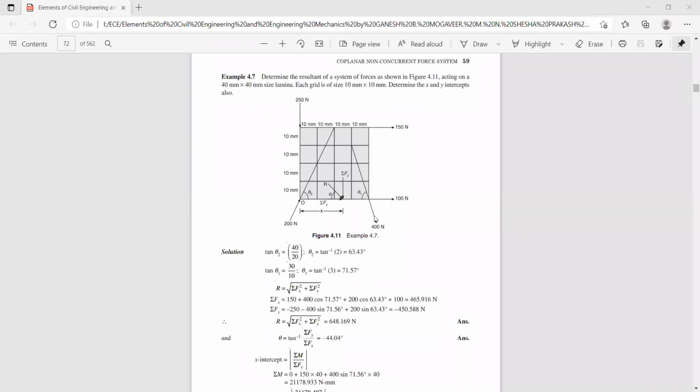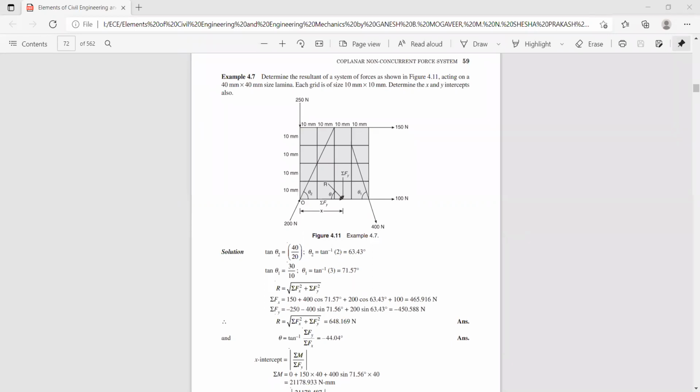And the cos component of this force, 400 cos 71.57, is also acting along the horizontal axis, hence the perpendicular distance is 0. And the vertical component of this 400 Newton force, that is 400 sin 71.57, has a perpendicular distance of 40 millimeters. So it also creates a clockwise moment.